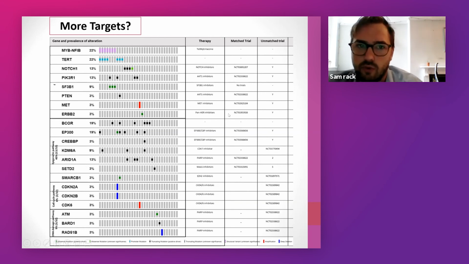And so as we've thrown the net wider, we pick up more, but whether we can get patients onto trials through this approach is going to increase as more and more trials are opening up, and we'll come on to that on the next slide.